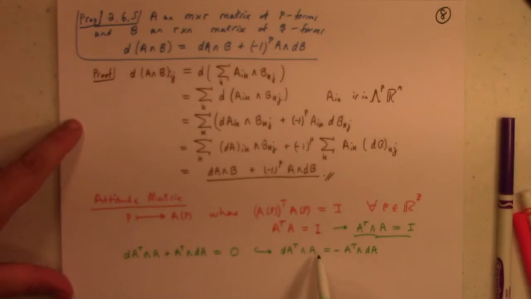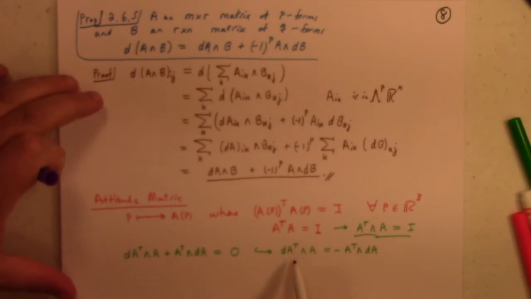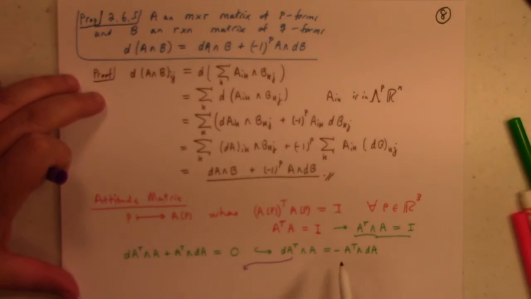Well, there's two different ways you can go from this. Two things I can get from this. I can right multiply by A transpose, right?